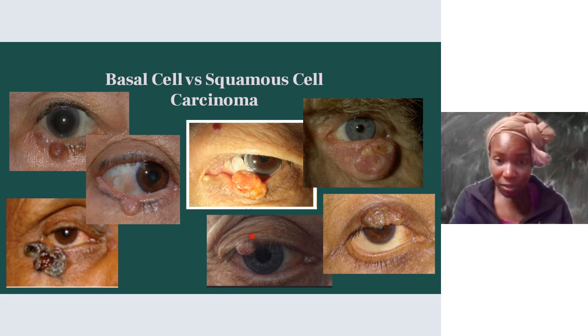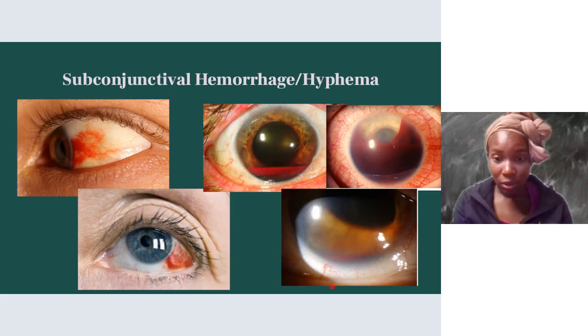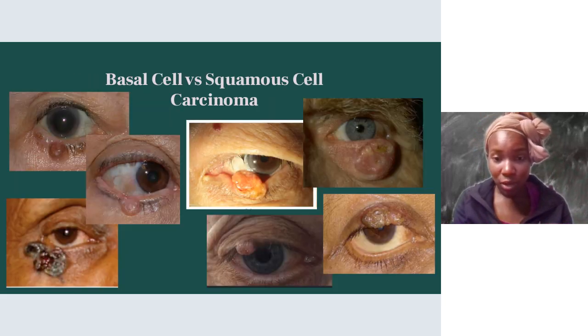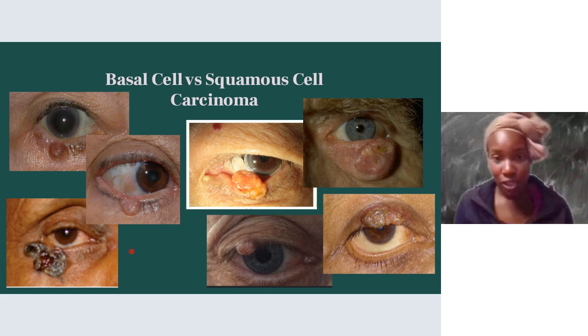And if I go back to the previous picture, you'll see that basal cell is actually deeper. Hence the reason why it looks more flat. So when you see the image, generally the ones that I've seen in pictures are usually either basal cell or squamous cell.